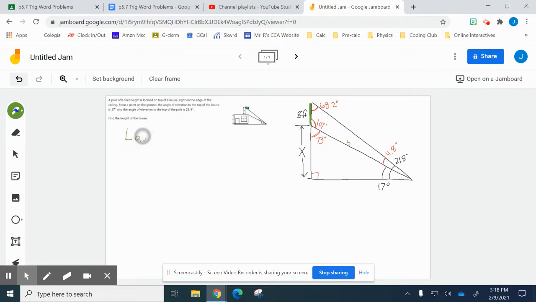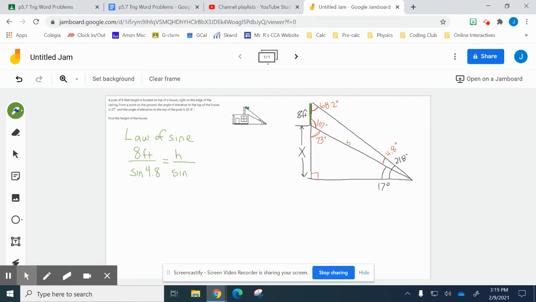And the law of sines says that we'll put the length, you can put the length or the sine of the angle on top, either one, but we're going to do the length because we're looking for a length, and it's just easier if the length ends up on top. So the law of sines says that the ratio of the length of one leg of a triangle to the sine of its opposing angle, so the sine of 4.8, is going to equal the length of another leg of the same triangle and the sine of its opposing angle.